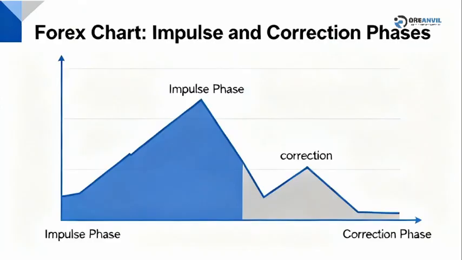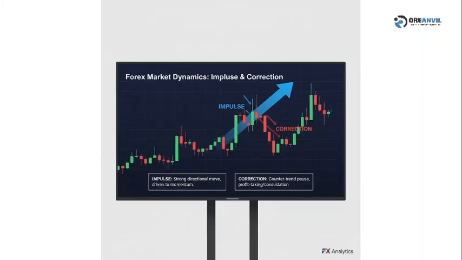Then we also have the second move, which is the correction phase. Whenever you have a strong impulse move, what comes next is a correction move. The market often makes small breaks or pulls back a little, which is called a correction. It's like catching its breath before the next big move.